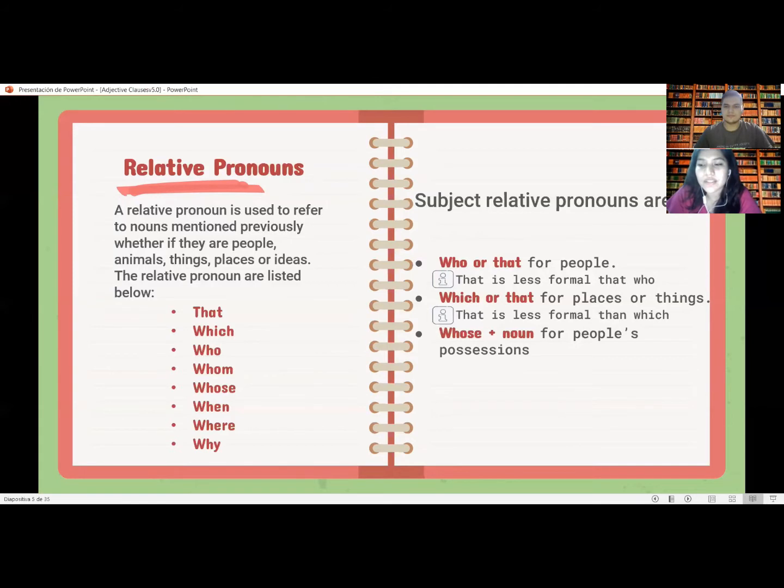Subject relative pronouns are who or that for people, that is less formal than who, which or that for places or things, that is less formal than which, whose plus noun for people's possessions.